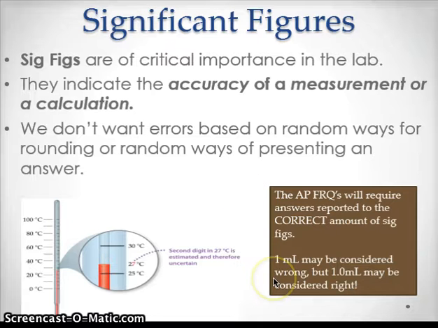For example, down here, if the answer was 1 milliliter, if you put 1 milliliter as your answer, but the answer was actually 1.0 milliliters, they might consider that to be wrong because you didn't round to the correct number of sig figs. Okay, so 1.0 means that the number is closer to 1.0. 1 milliliter might mean that it could be 0.6. 0.6 rounds to 1, right?